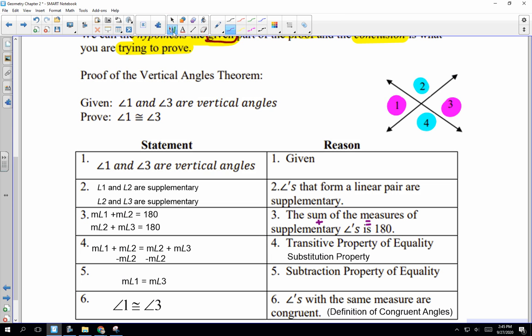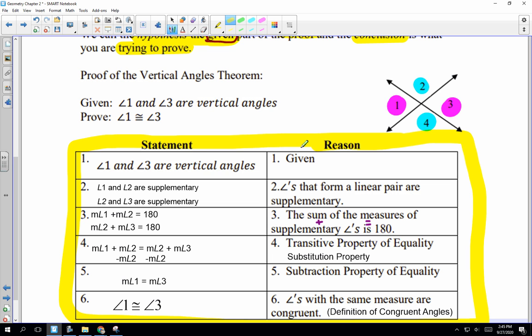I'm going to highlight this whole box. We're going to take steps 1, 2, 3, 4, 5, and 6, and make a paragraph out of them. We say, it is given that angle 1 and angle 3 are vertical angles. Angle 1 and angle 2, as well as angle 2 and angle 3, are supplementary. These angles form a linear pair, period.